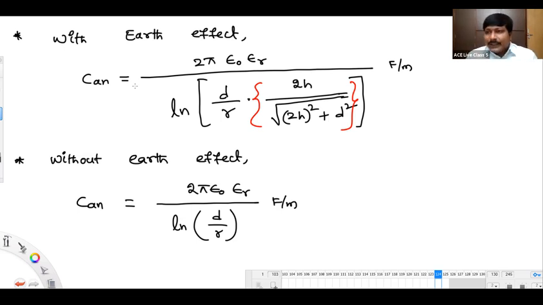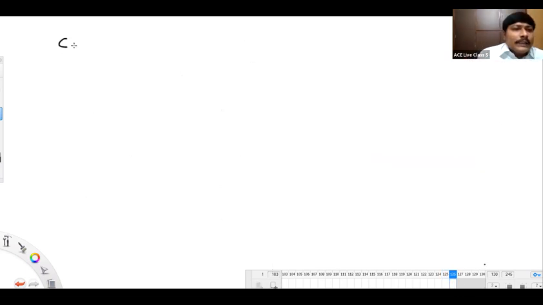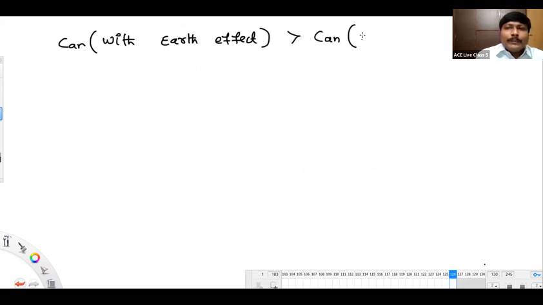So I can say C_AN with earth effect will be greater compared to C_AN without earth effect.